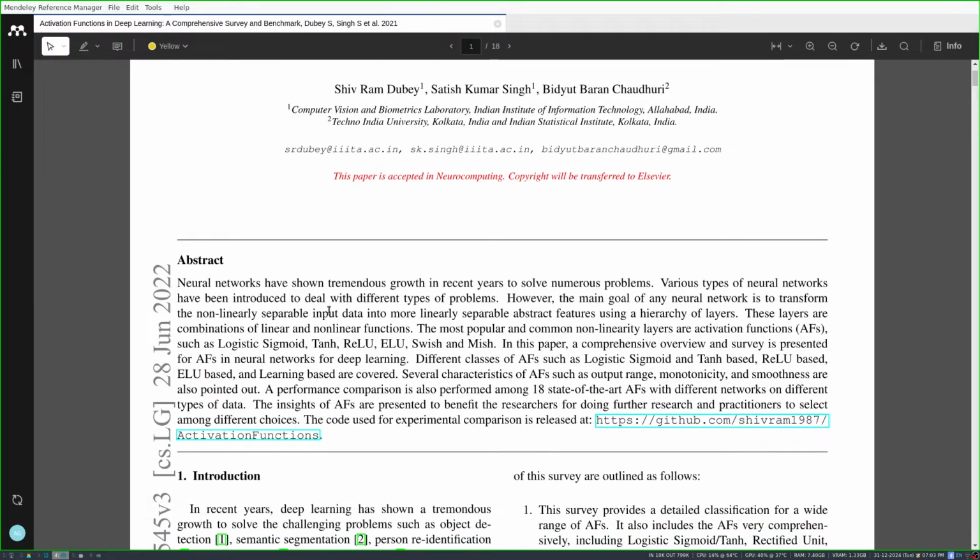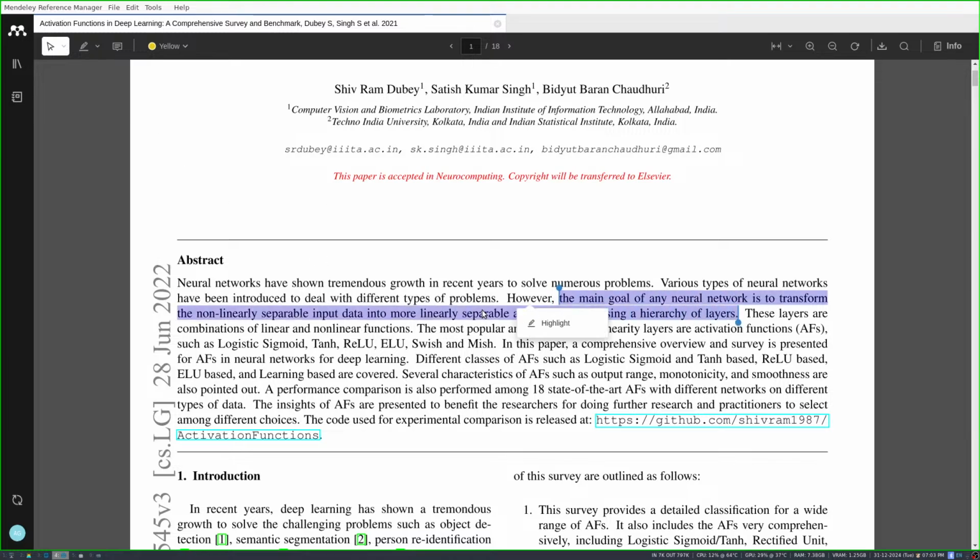Various types of neural networks have been introduced to deal with different types of problems. Now, the main goal of a neural network is to transform non-linearly separable input data into more linearly separable abstract features using a hierarchy of layers.